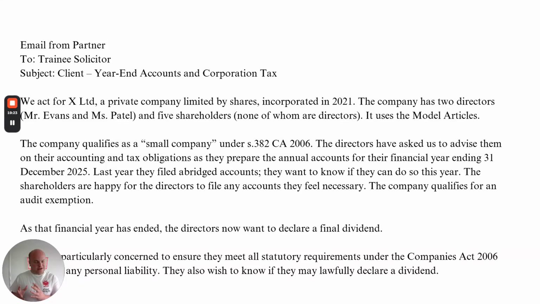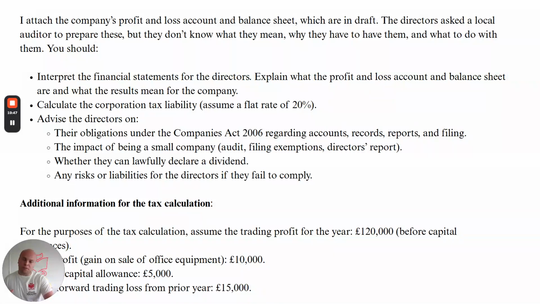So that's another issue to bear in mind when we're looking at the facts of this assessment. We've been told they want to file abridged accounts, and they did so last year, and it looks like the shareholders are happy for them to do so. So we need to bear that in mind and deal with what they mean by abridged accounts. We've been told about the audit exemption. Fine. Those are the key facts in respect of the accounting, and we'll have a look at the law on that next.